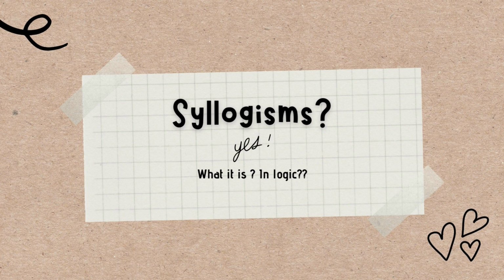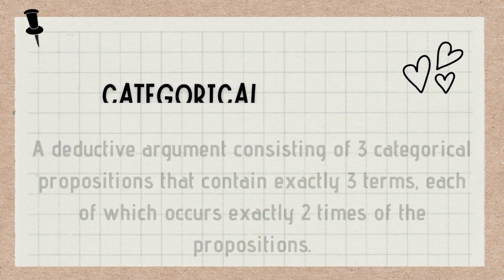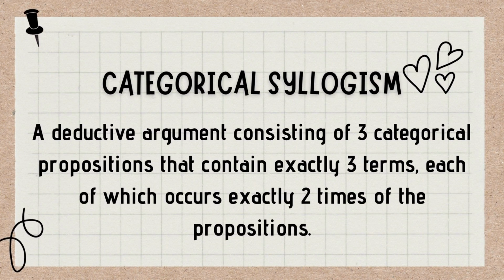So, what is meant by syllogism? A syllogism must contain two premises and one conclusion, and the conclusion must be derived from the two premises. This is the simple meaning of syllogism. Now, let's see what is meant by categorical syllogism.